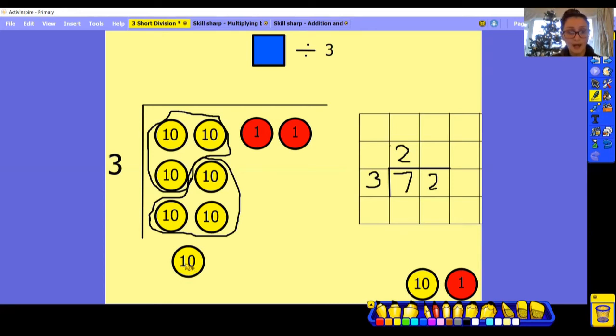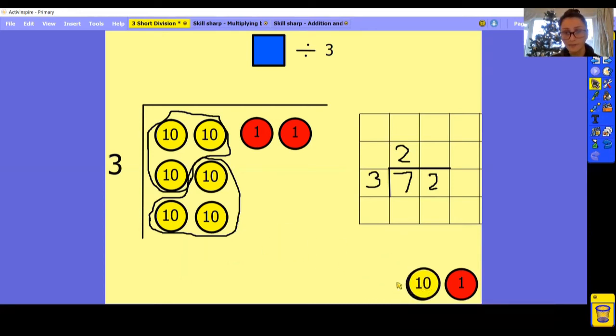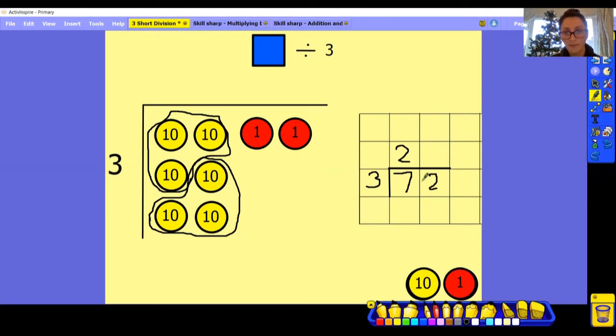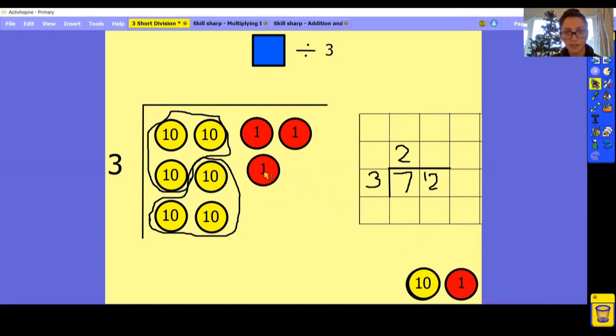However, I know 1 10 is the same as 10 1s. So what I'm going to do, I'm going to take that extra 10 and put it into the 1s column. So exchange that 10 for 10 1s.